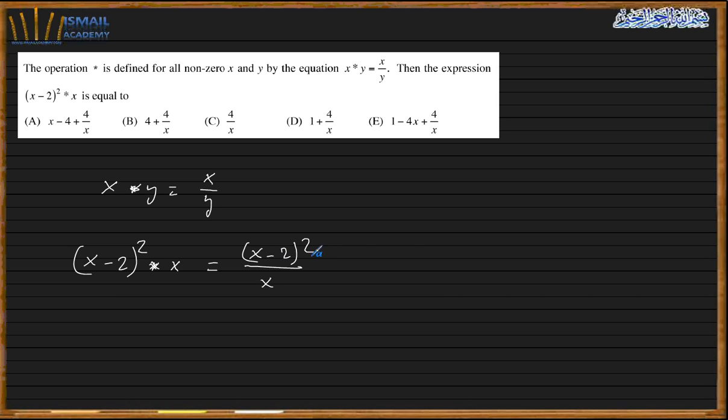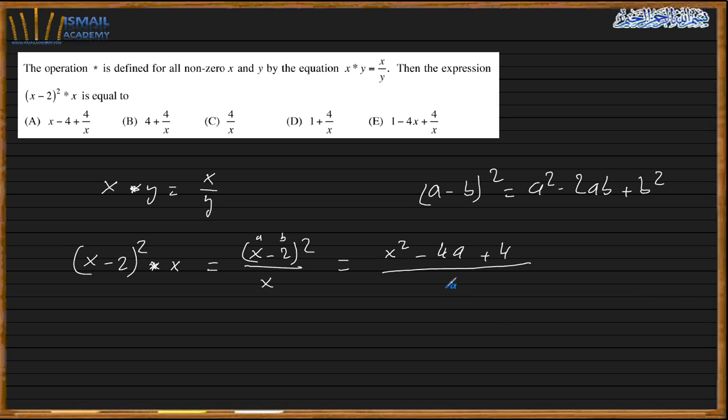So I just need to FOIL the first. So a minus b squared is a squared minus twice ab plus b squared. So this is my a, this is my b. So it's going to be x squared minus 2 times 2, which is 4, x, plus b squared, which is 4, over x.